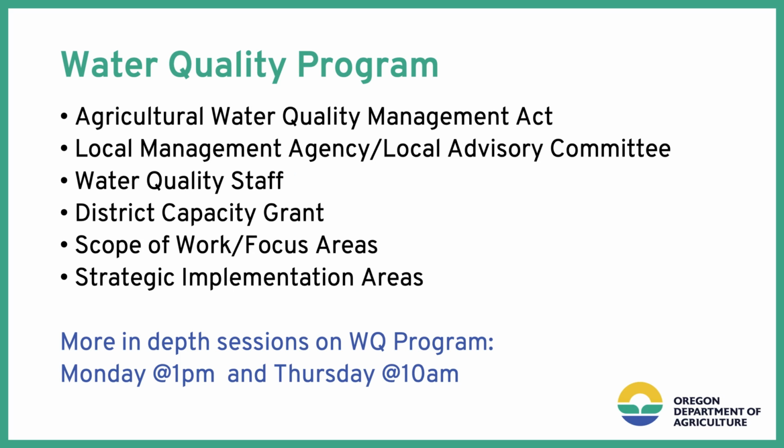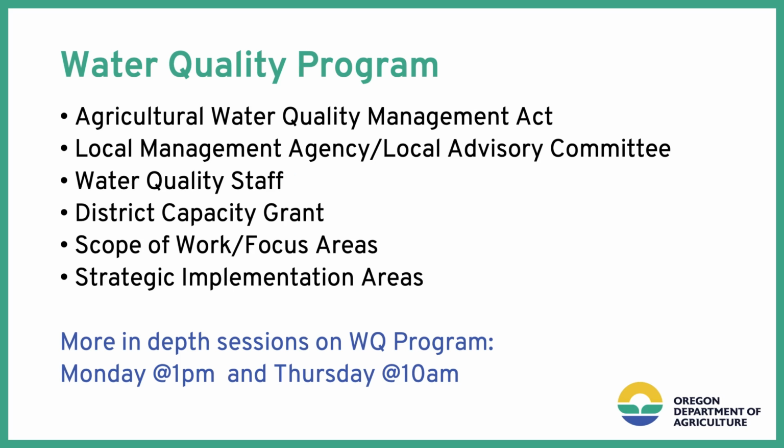Once those were set up, we needed to implement the water quality plans. And so the legislature gave money for these district capacity grants, which were for the districts to go out and help the agricultural community meet the ag water quality rules.